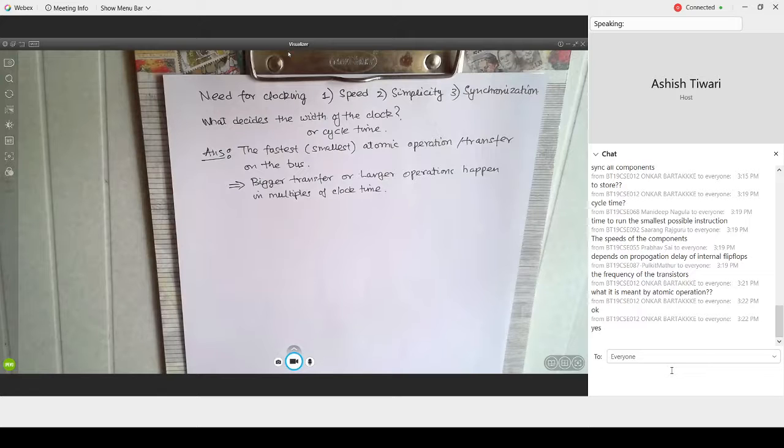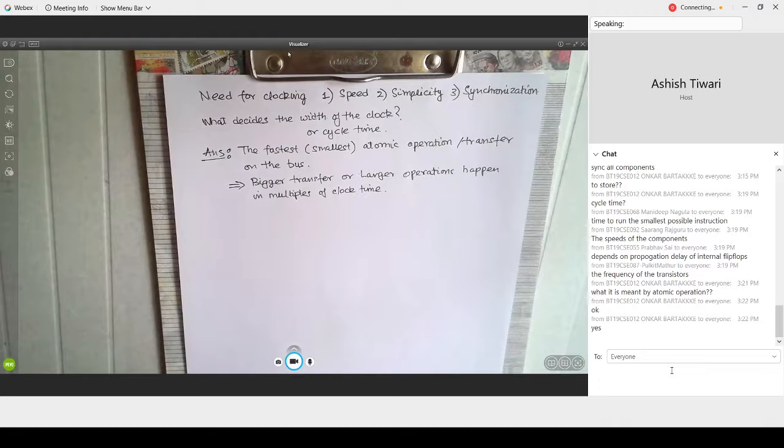So the fastest or the smallest atomic operation or a transfer on the bus takes one clock cycle. Is that okay? So how does a computer operate?